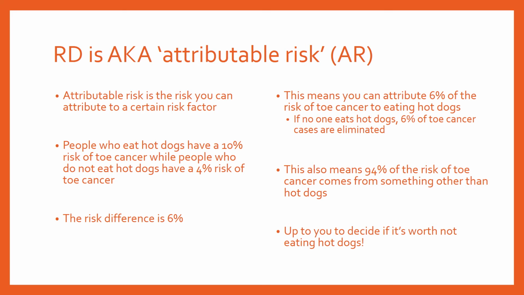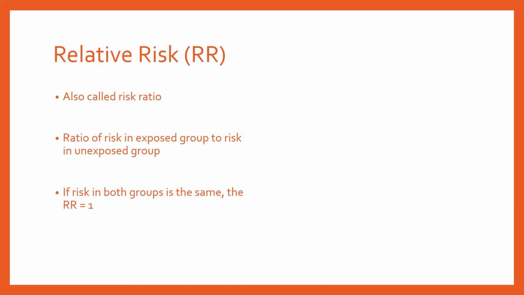What this also means is that 94% of the risk of toe cancer comes from something else. We don't know what it is. It doesn't matter what it is, but 94% of the cases come from some other thing. Ultimately, it's up to the consumer to decide if that risk is worth it. Do they enjoy eating hot dogs enough to take the risk of toe cancer? That is up to them.